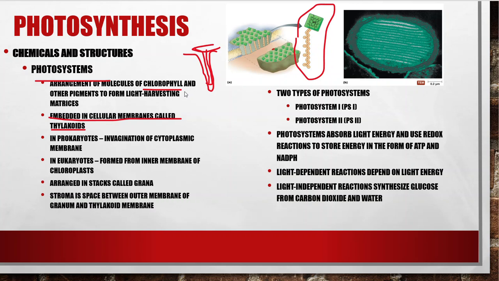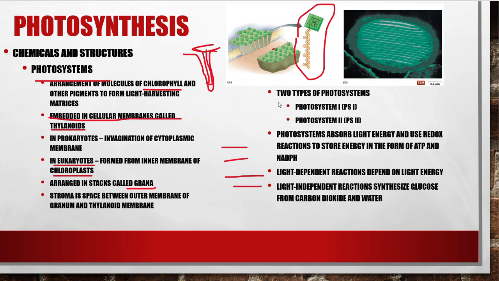And it's just the plasma membrane that basically dives in and makes a little shallow pit for this to sit in. In eukaryotes, this is formed from the inner membrane of those chloroplasts, and then these guys are in stacks that we call grana. Stroma is the space between the outer membrane of the granum and the thylakoid membrane.